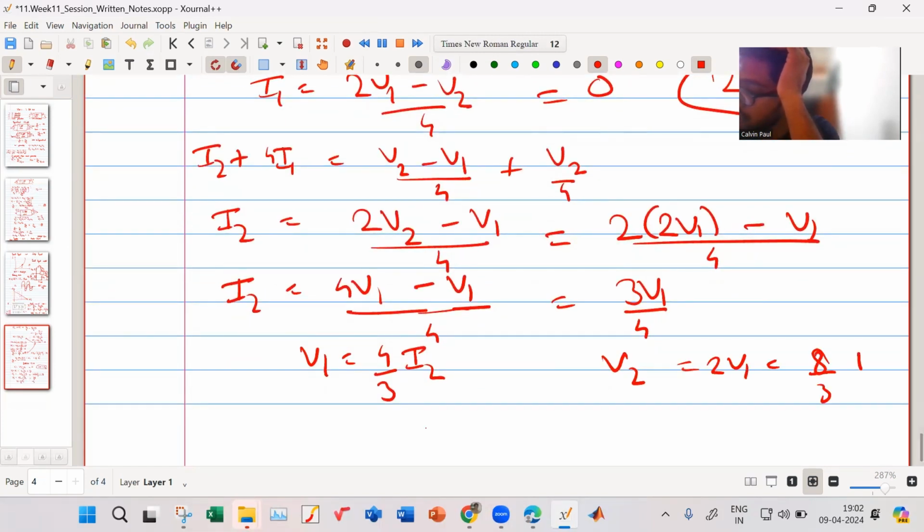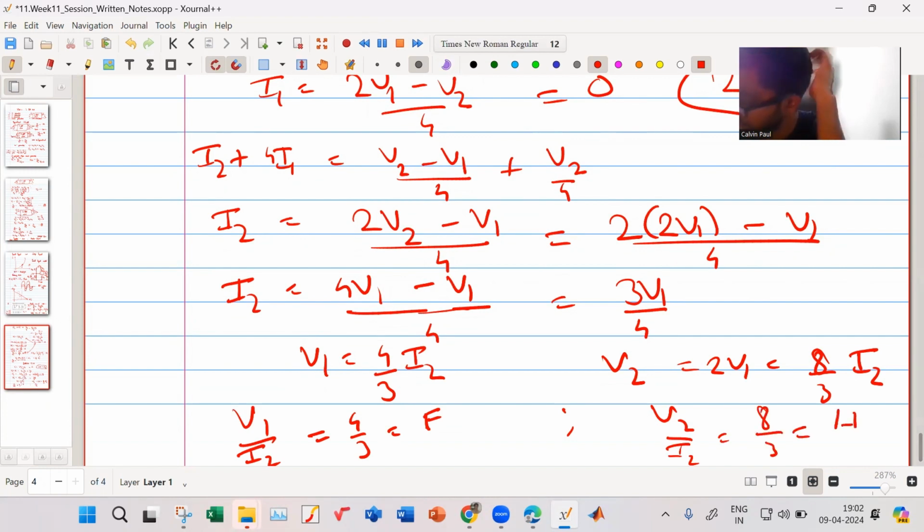So it is 8 upon 3 I2. So my V1 upon I2 is equal to 4 by 3, which is equal to F. And my V2 upon I2 is equal to 8 upon 3, which is equal to my H. Okay.